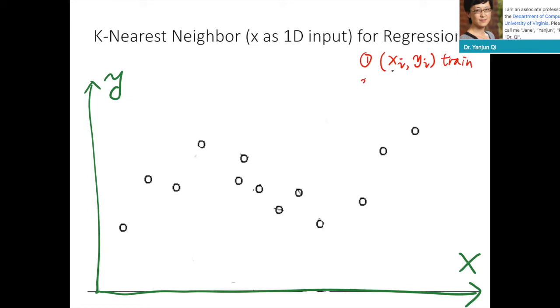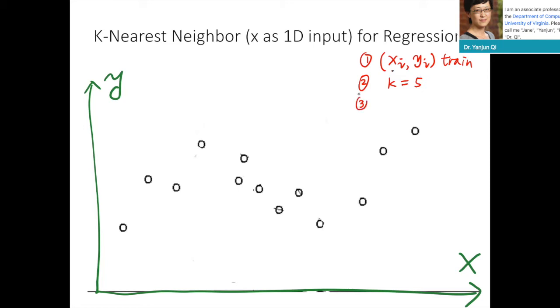The second thing you need to know is how many neighbors for a future point you need to consider. That's called k, as in k nearest neighbor. In this task, we assume k equals 5, and k is picked by the users of kNearestNeighbor. In this case, I just select 5.